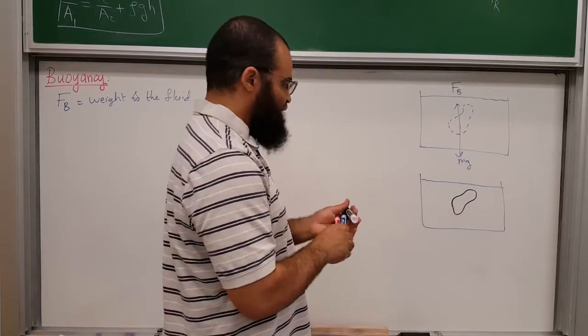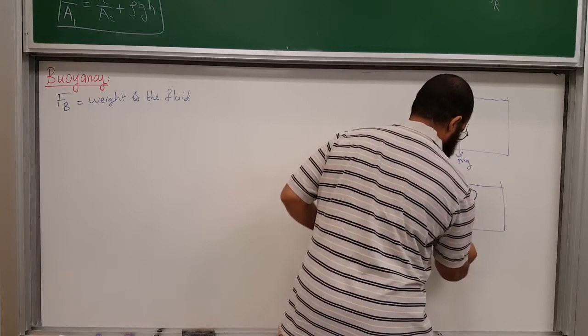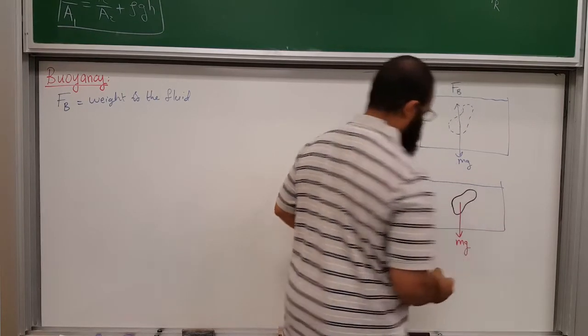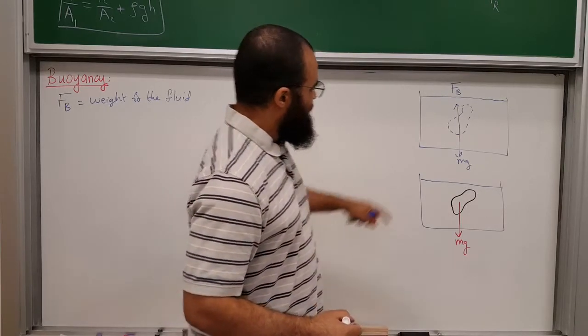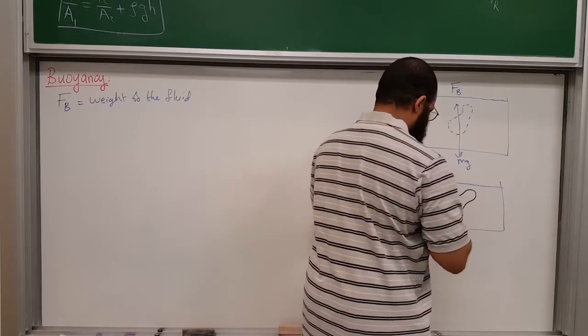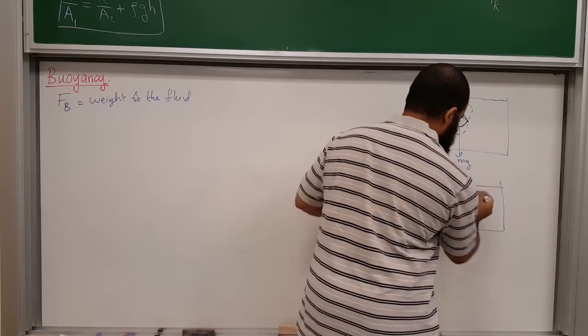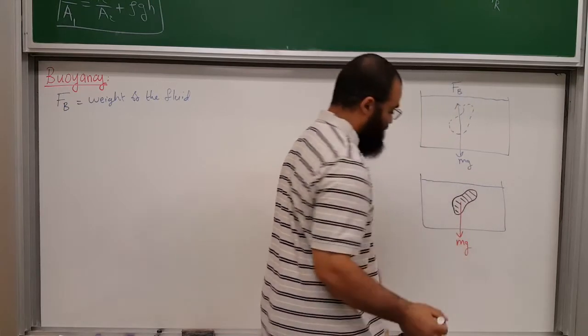Now gravity still exists, g. This was the mass of the fluid. Now I have replaced it by this object here. So this is the mass of the object. Whatever the object is, that's the mass of that object.